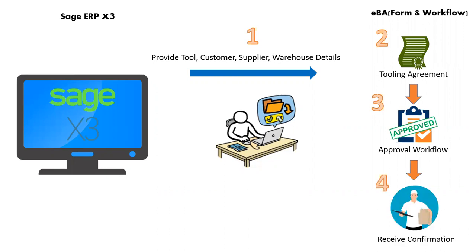Then we will also create a form design for receiving the tool, which we call the receiving confirmation. After filling in the receiving confirmation form, we will return the data back to X3, and it will become a miscellaneous receipt when the import template is triggered. So this is the whole data flow from Sage X3 to eBA and then back to Sage X3.